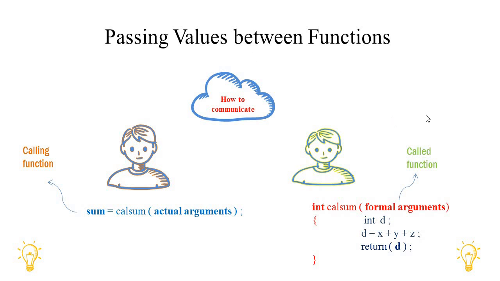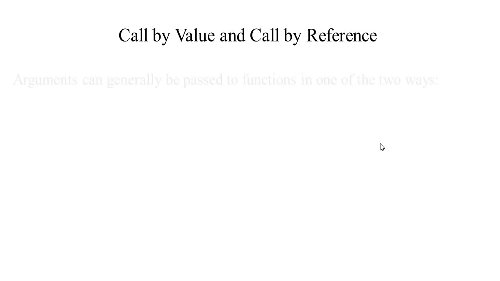In call by value, a copy of the value of the actual argument is passed, not the address. For example, over here it is integer a, and corresponding to that argument there is integer x. So the value of a is copied into x. This is how passing by value works.